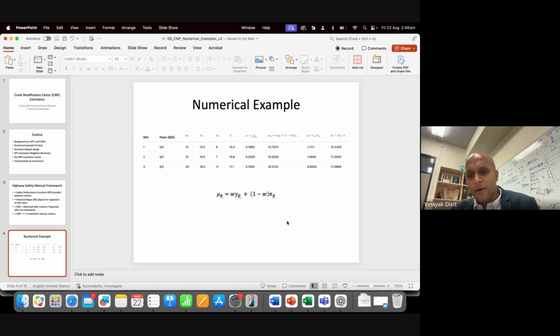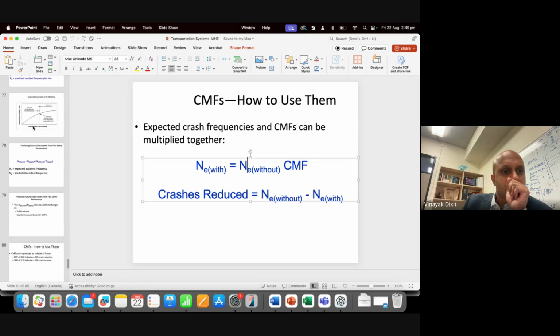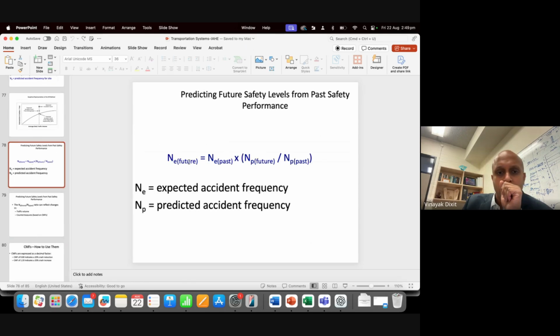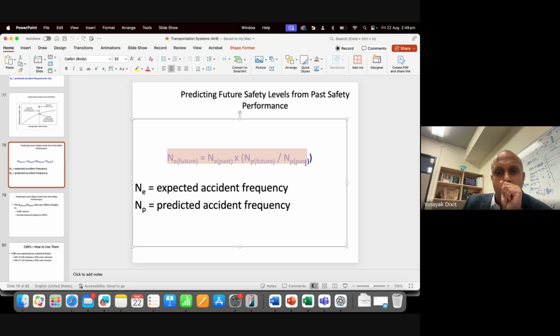If you remember the formula, we are basically estimating the expected future: NE past divided by NP past, multiplied by NP future.